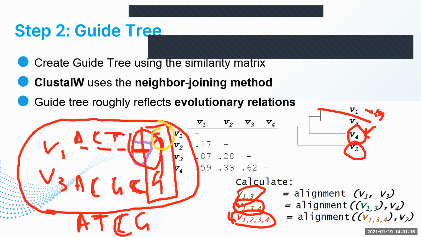Suppose you want to get this G into this place, you can't remove this gap, right? If you introduce a gap at alignment, that's permanent. That's the basic drawback of progressive alignment.